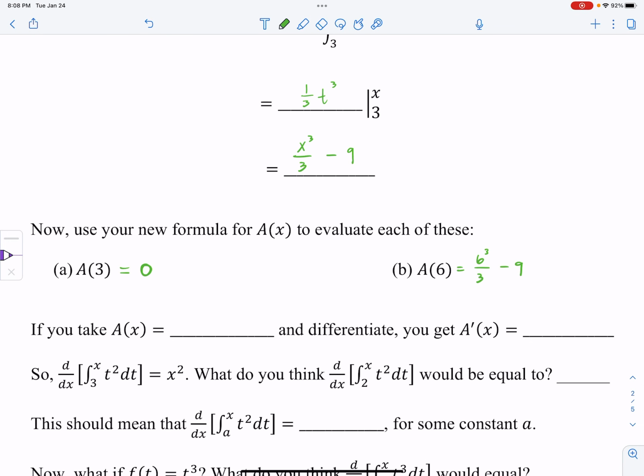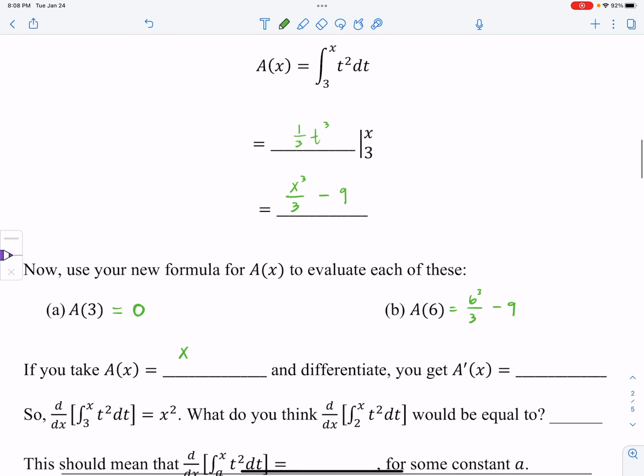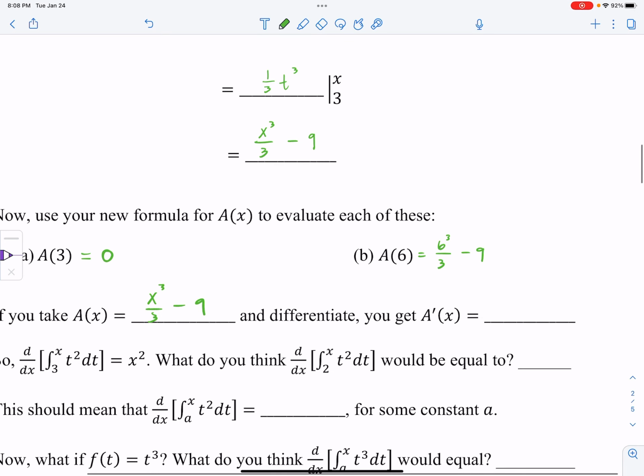Okay, so if you take A of x, which we said is that definite integral from 3 to x, or x cubed over 3 minus 9, and then we differentiate, notice what we get. We just get x squared, right? One-third x cubed, when we use the power rule, just becomes x squared, and then the derivative of minus 9 is just 0.